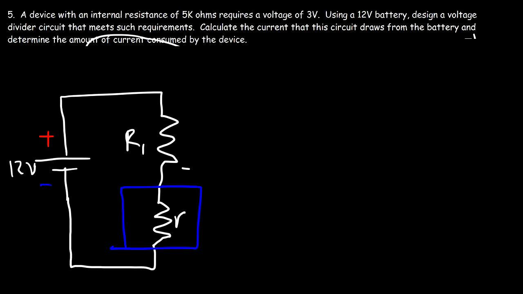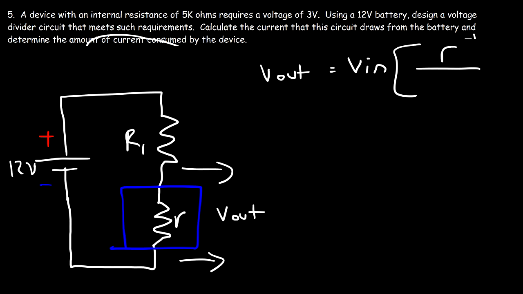So the voltage across the device, which we'll still call the output voltage, is going to equal the input voltage times the internal resistance of the device divided by the sum of the internal resistance plus R1. So our goal is to get exactly 3 volts. So that's the output voltage.